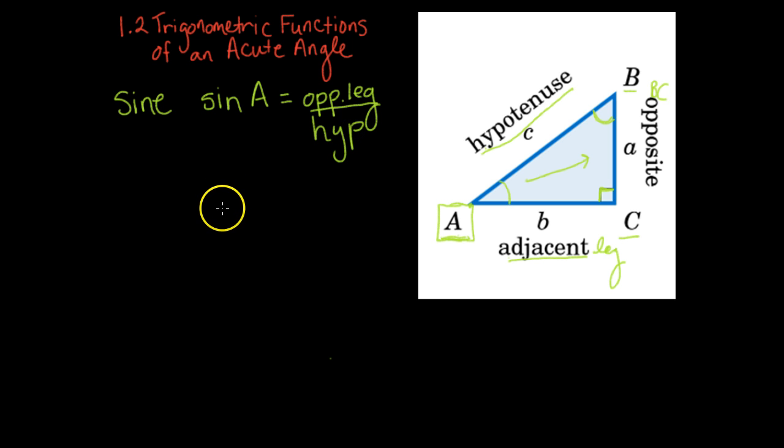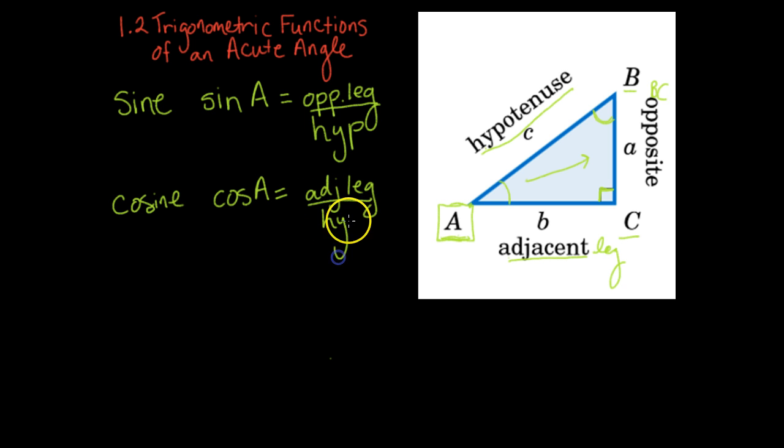So once again, we're just referring to sine A and the angle A. We can use the angle B, and we will do that soon. Next, cosine. Cosine of the angle A is equal to the adjacent leg over the hypotenuse. I'm going to abbreviate that.